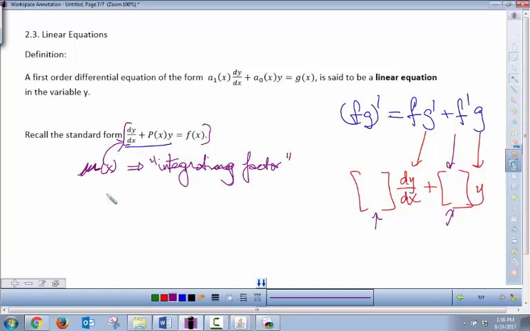So if we multiply this by mu of x, some weird function that we're going to try to find, and we haven't talked about the right-hand side, but we'll deal with that later.